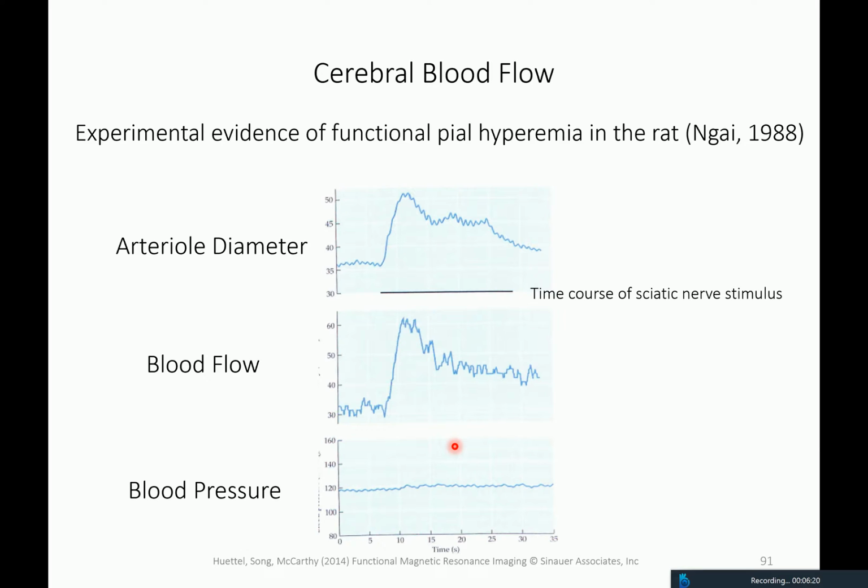It's something one can suspect, but this is then experimental evidence that this can actually be observed. Doesn't mean that it's the only process that can ever happen, but it definitely shows some experimental evidence that blood vessels change their diameter, and in this way the blood flow can be increased.